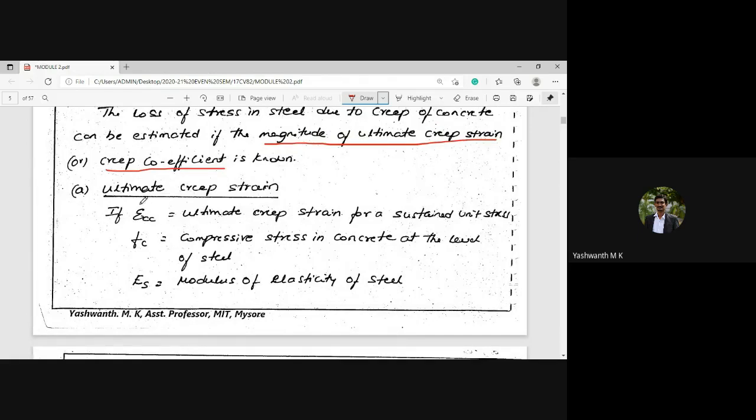Let me consider epsilon c, which is the ultimate creep strain for a sustained unit stress in a PSC beam. fc we know already, the compressive stress in concrete at the level of steel in Newton per millimeter square. Es is the modulus of elasticity of steel in Newton per millimeter square.